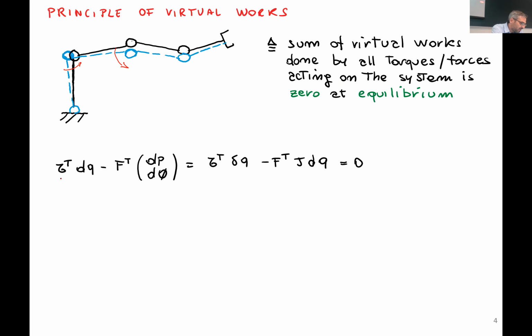And we can compute the total work of all the joints doing this scalar product of the torque vector times the vector of infinitesimal displacement of all the joints, minus, you remember, the external forces at the end effector that are minus F. So this is the work that is done by the external forces on the end effector infinitesimal displacement. And we said that this is J dq.